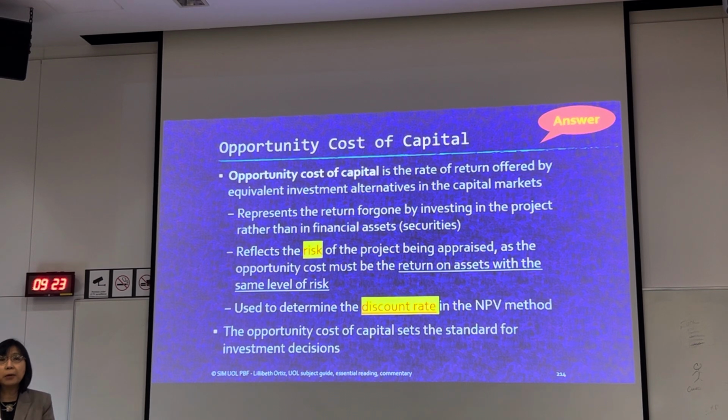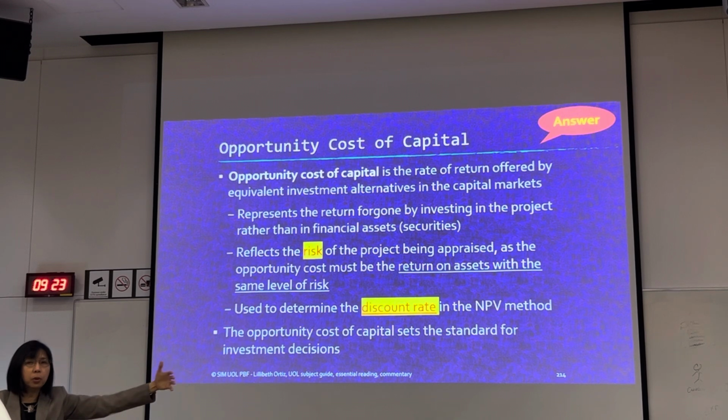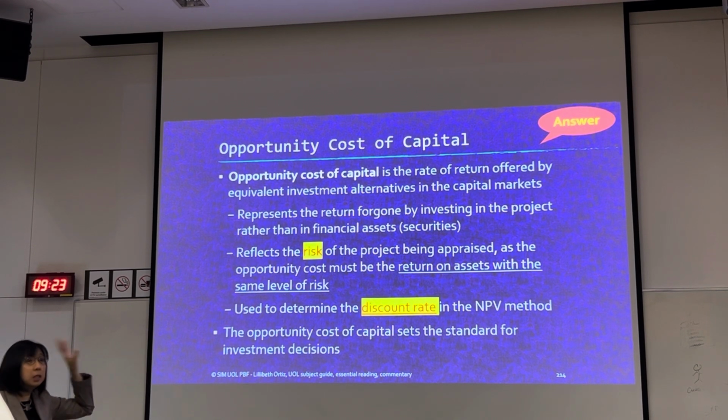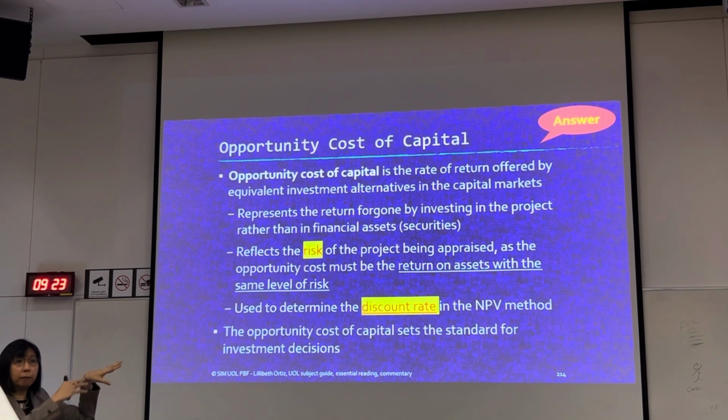So this is the discount rate we'll use to compute the present value, to discount the future cash flows. Because this is the return we would have gotten if we put our money in the market. So we discount those cash flows using this same opportunity cost of capital. So this is a good way to make a decision, because you know that you have considered other investments out there with the same risk.